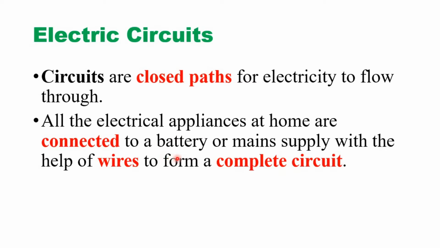If the circuit is not complete, we won't be able to use our refrigerator, fan or bulb. So in order to use our electrical appliances, the circuit has to be complete, and that circuit has to be completed with the help of wires.